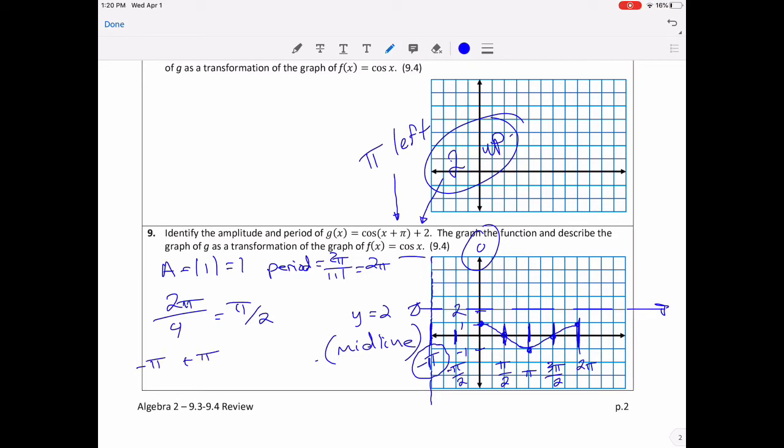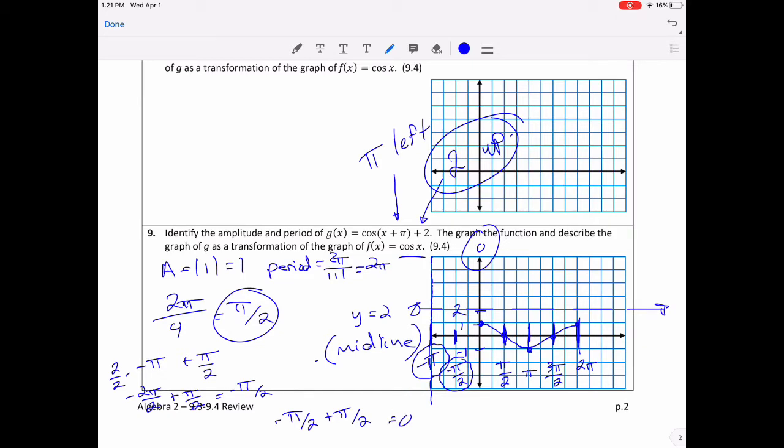Okay, so negative pi plus pi halves multiplied by 2 over 2. Negative 2 pi halves plus pi halves equals negative pi halves. Okay, that's my next location. I already have it there. And what's negative pi halves plus pi halves, which is again what I'm adding each time, my period divided in 4 parts? Well, 0. That's next.